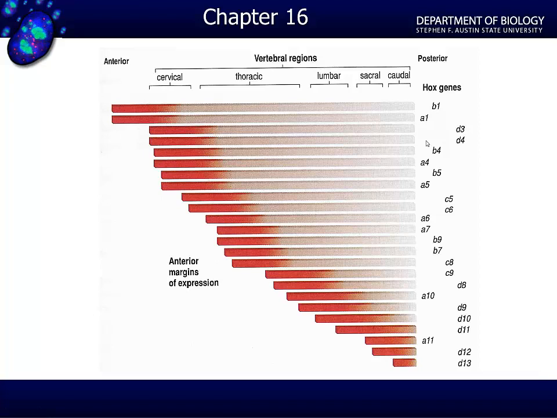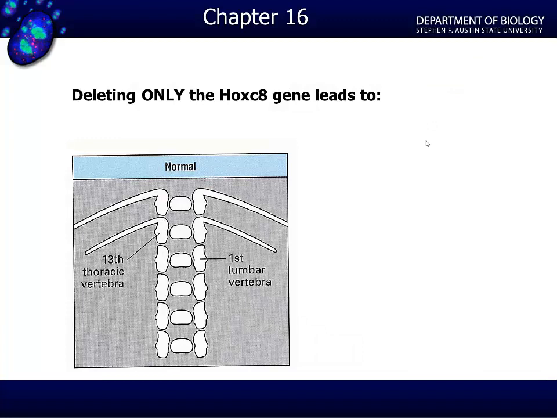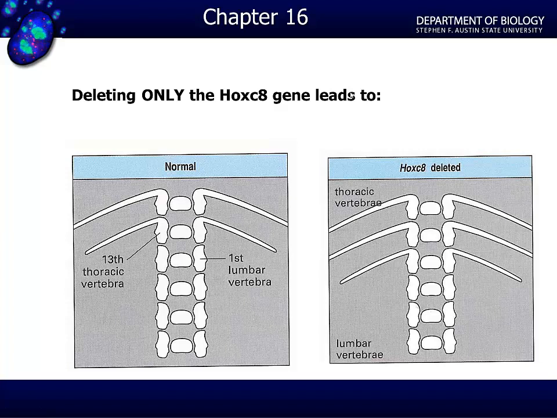Now, we haven't done knockout experiments quite so much, but in some instances we have. If we look at Hox C8, the C cluster and the 8th gene, we look at the normal vertebrae. We have the 13th thoracic and the 1st lumbar vertebrae. If we knock out just the Hox C8 gene, this is what we get.